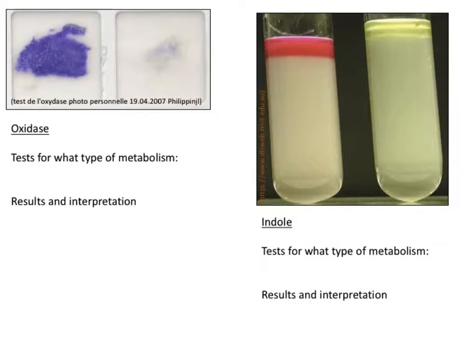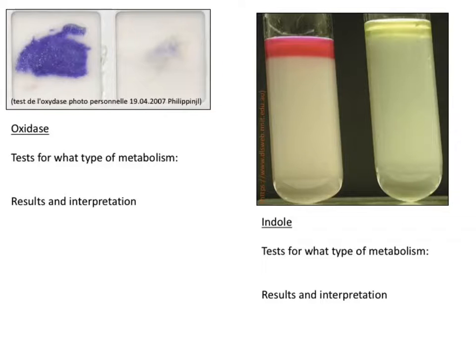Keep those metabolic pathways in mind, and make sure you understand the interpretation of these results, whether it means positive or negative. That's the big thing. This takes care of objective 4.5 again, which is analyze and interpret metabolic tests.